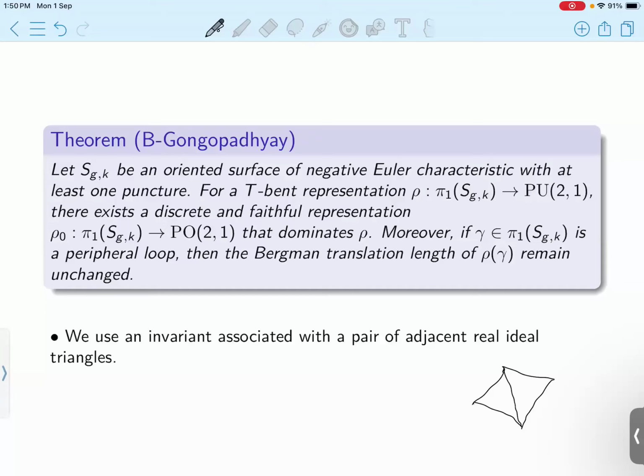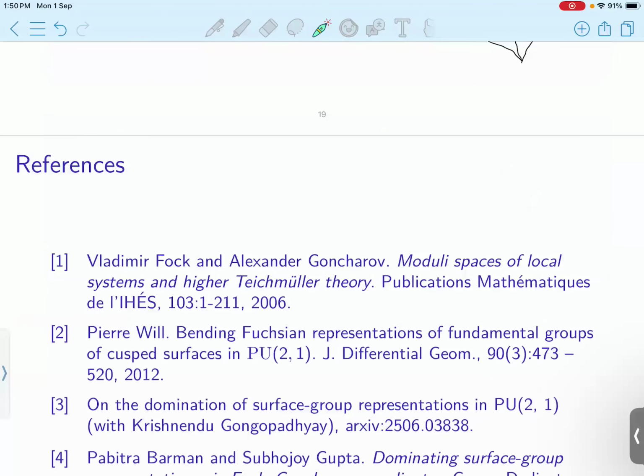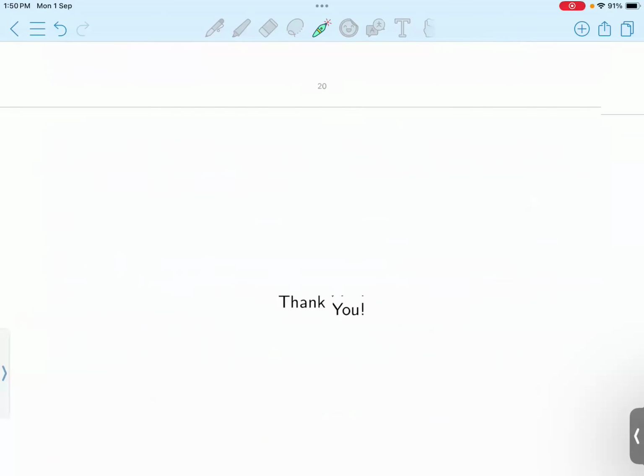This is somewhat similar to Thurston's shear-bend coordinates, but not exactly that. We need a different setup for this, and we have used these coordinates to prove our result. Here are some of the references, and thank you.